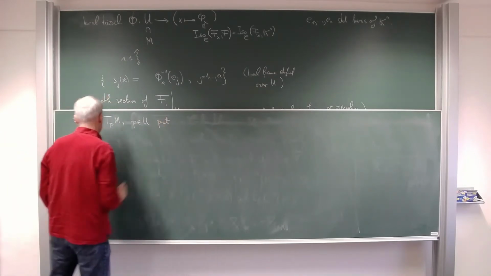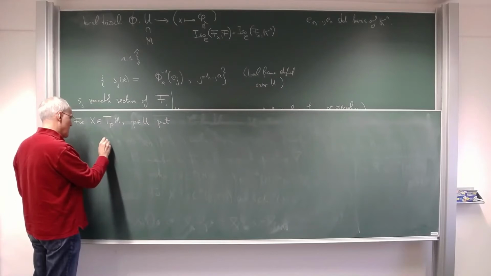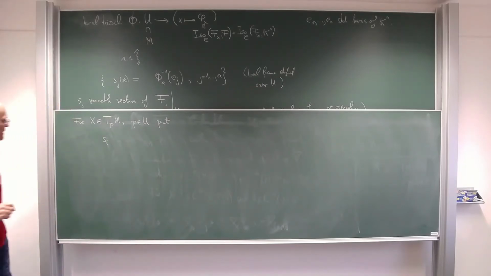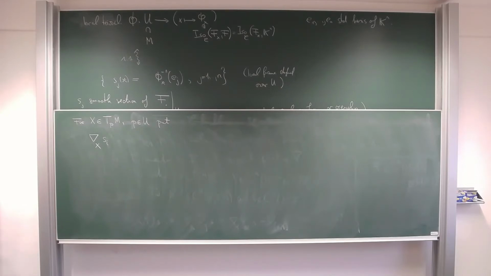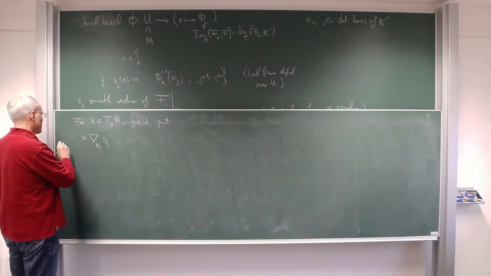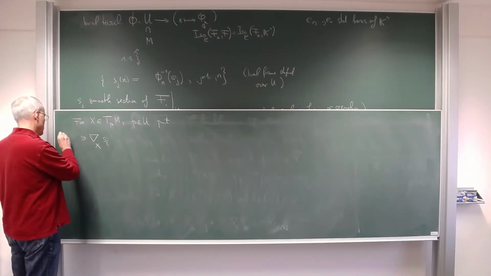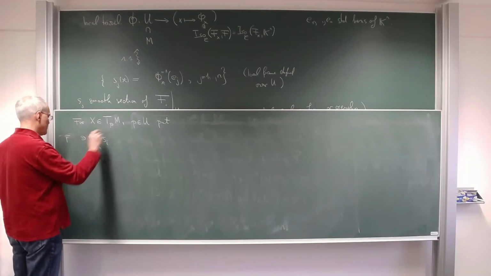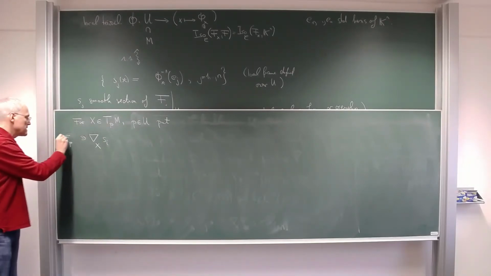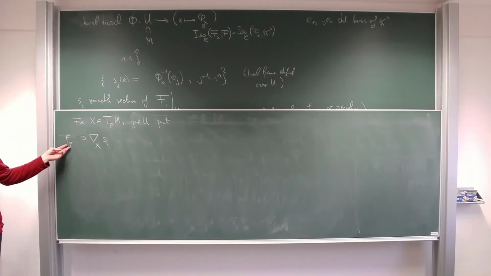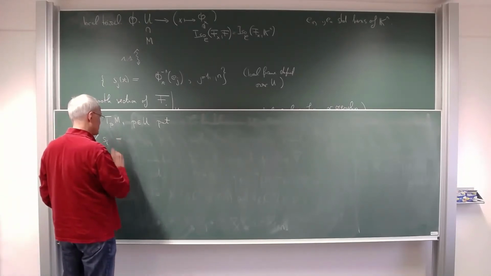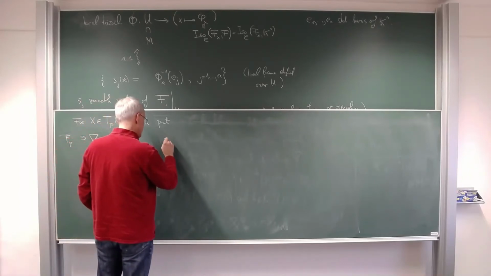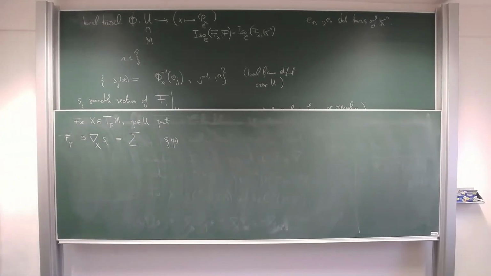There I do the following thing. I take the ith local frame and I differentiate it in direction x with my covariant derivative, and this then gives me an element again of my fiber F at the point P. So that means the result can be expressed as a linear combination of these basis vectors at P. So I can write this as a linear combination of S_j of P with certain coefficients.